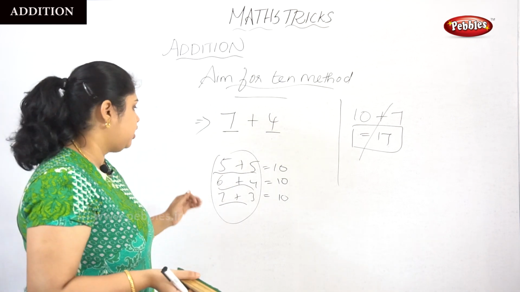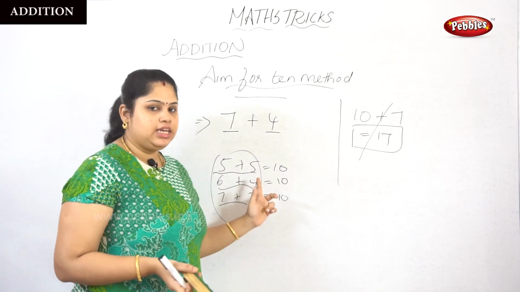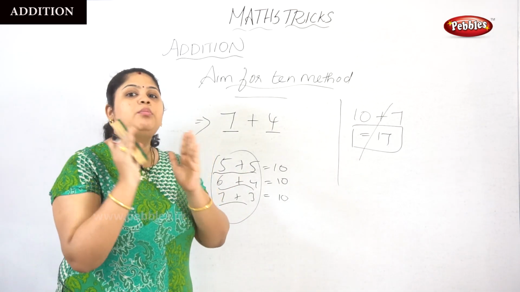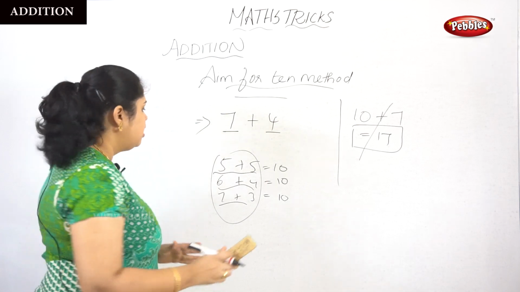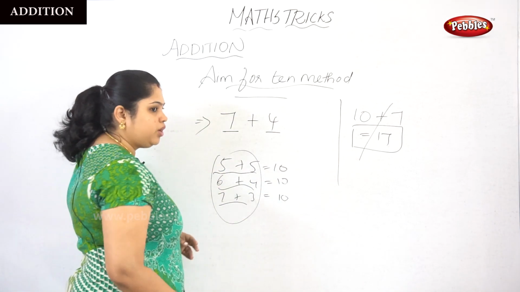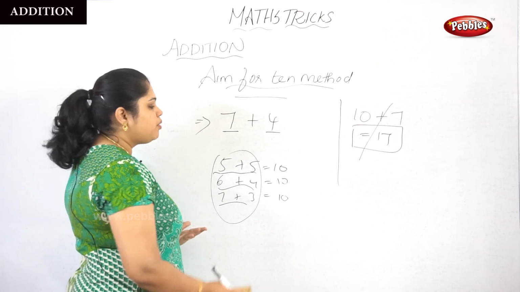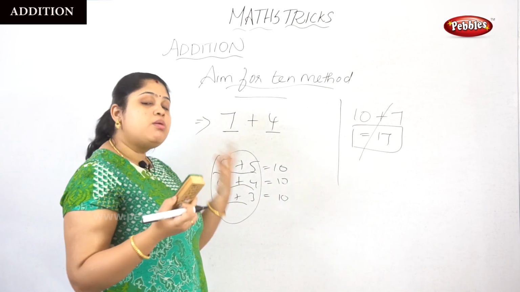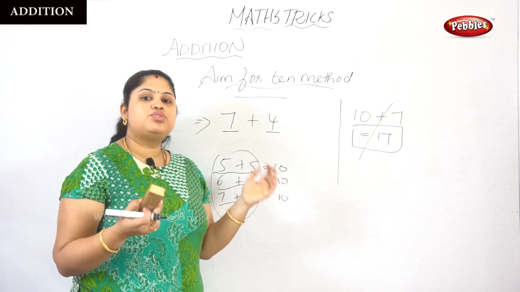So don't get worried. At that time I'll tell you in detail, but you can just think we have sets of two numbers which give the result 10. Like 6 plus 4 is 10, 7 plus 3 is equal to 10, 5 plus 5 is equal to 10. So we have some sets of numbers which give 10. Okay, we can remember them.